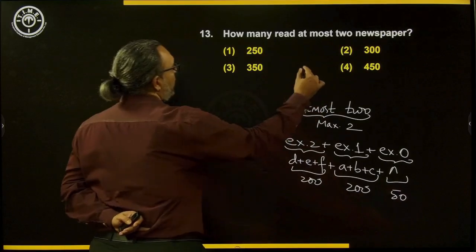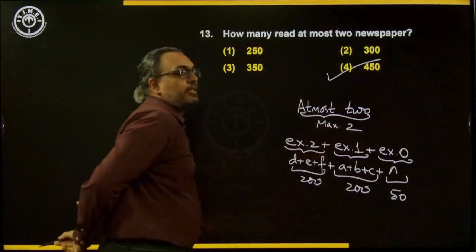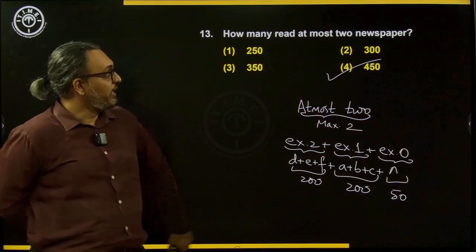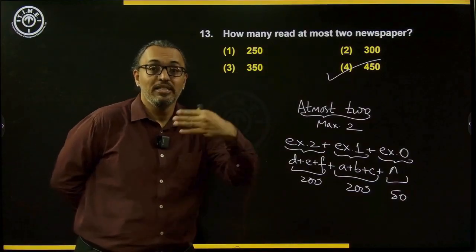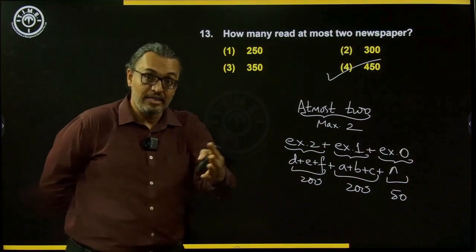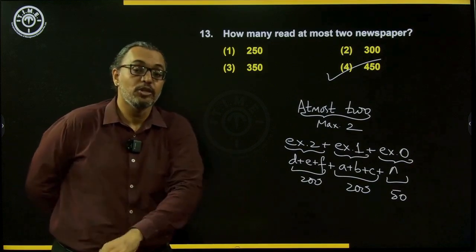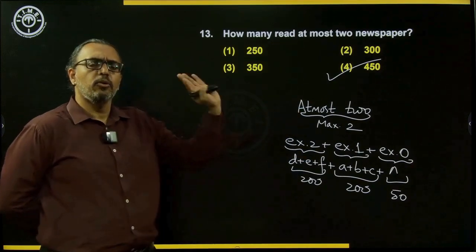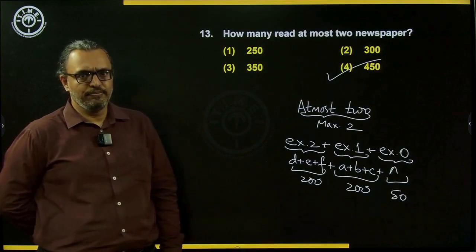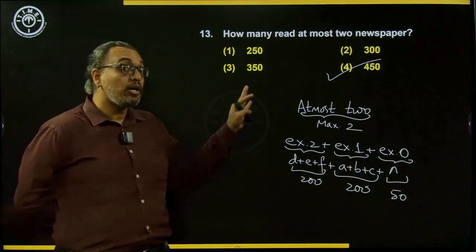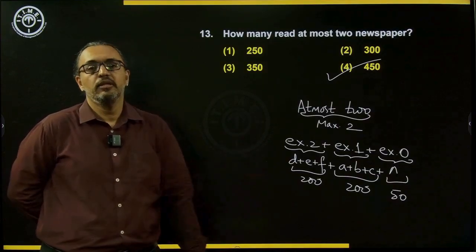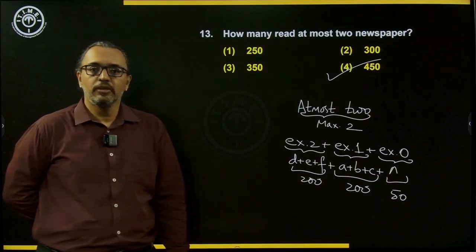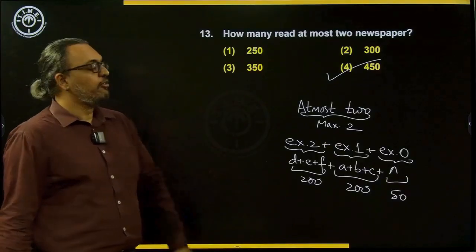So we have 450. You can do this orally. So when you see at most 2, you need to understand 2 and less than 2. Means exactly 2, we know 200. Exactly 1, we know 200. Exactly 0, N, 50. Orally, you can get your answer. Understood? So know what region it represents. You will know what elements to include and exclude. That is all for Venn diagrams. Got it? So we have 450.